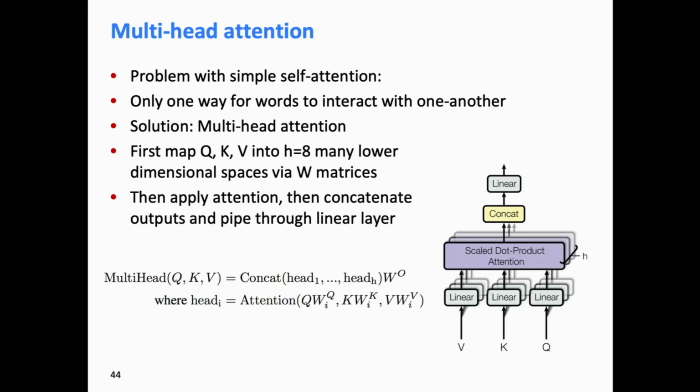If you're thinking about syntax and what we did with dependency parsers, if you're a word, you might want to attend to your head word, but you might also want to attend to your dependent words. And if you happen to be a pronoun, you might want to attend to what the pronoun refers to. You might want to have lots of attention. So they introduced this idea of multi-head attention.